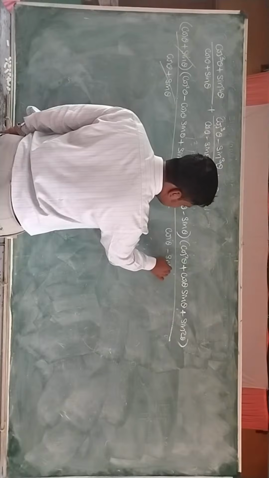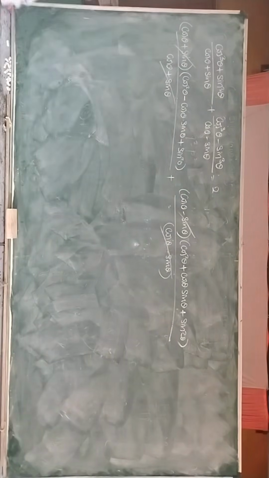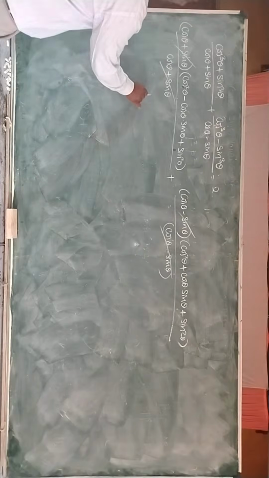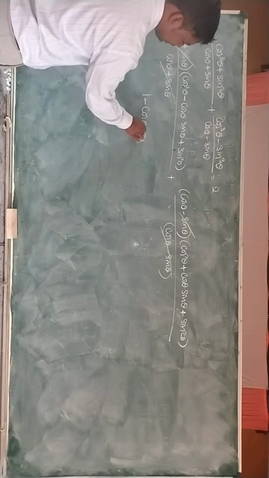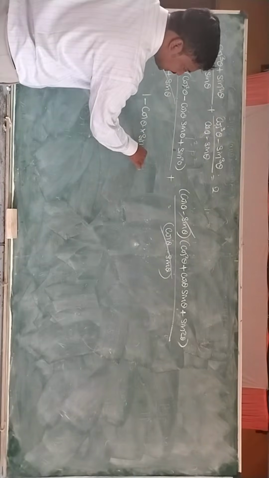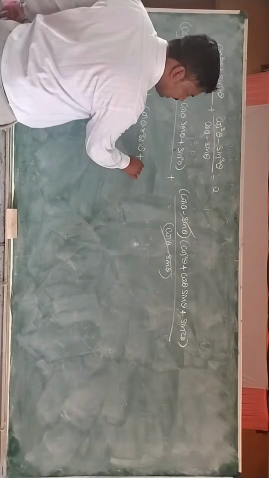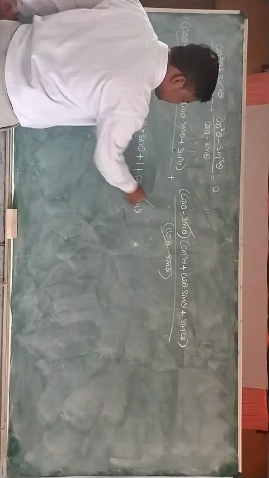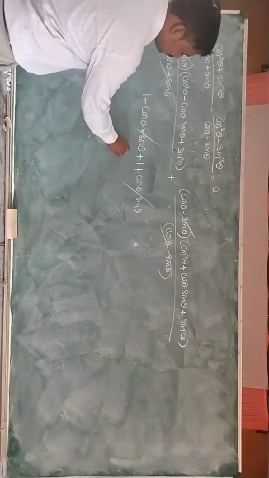Cos theta minus sin theta get cancelled. So now cos square theta plus sin square theta, 1, minus cos theta into sin theta, plus cos square theta plus sin square theta, again 1, plus cos theta into sin theta. Cos theta into sin theta minus cos theta into sin theta get cancelled. 1 plus 1 is 2.